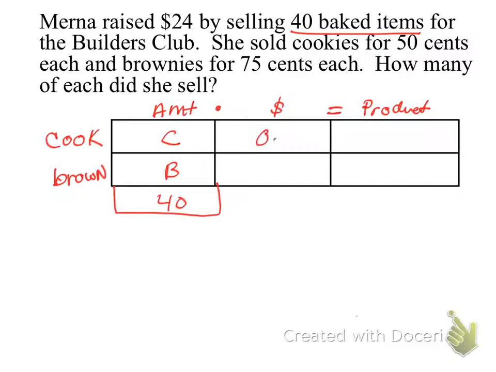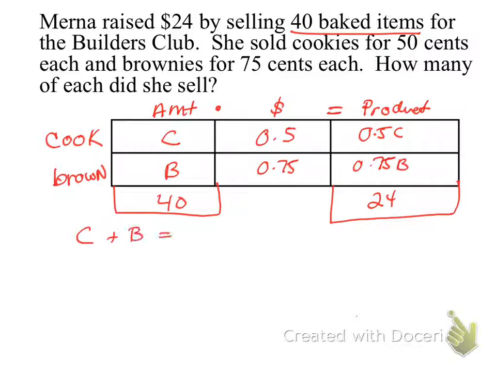What is it? 50 cents. What? 0.5. Okay, so I do 0.5C, 0.75B, and what am I putting in that last box? Evan? Yep. So C plus B equals 40.